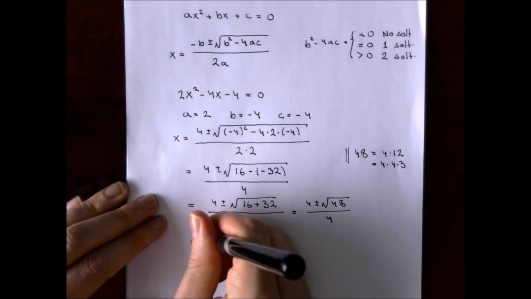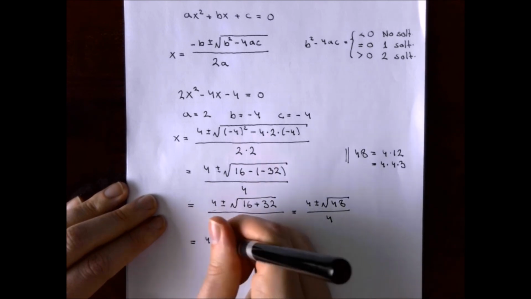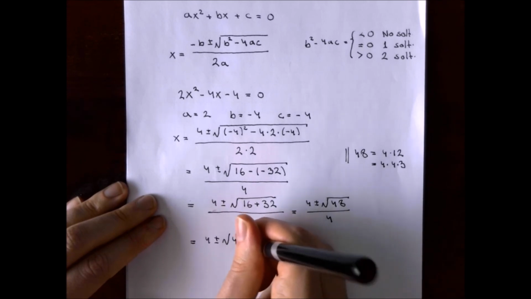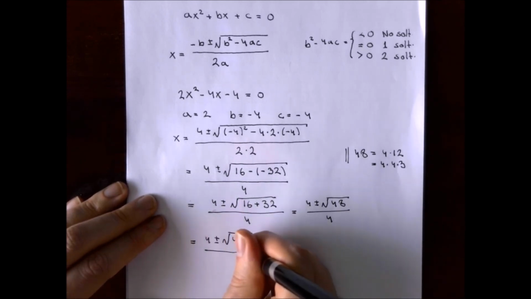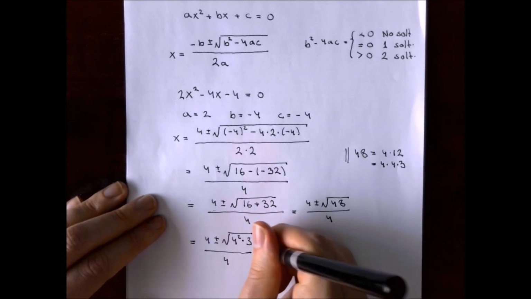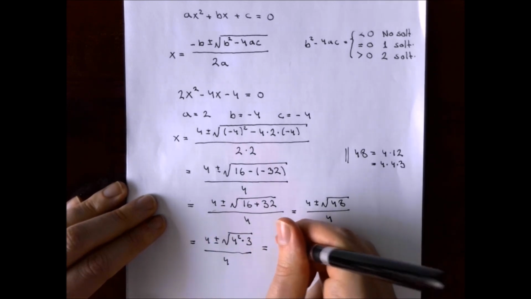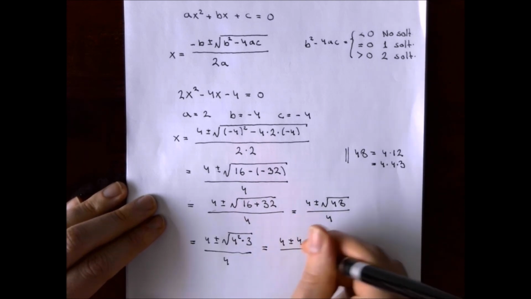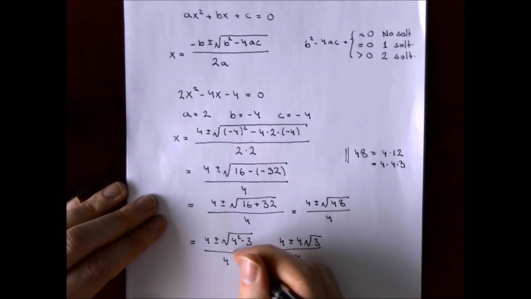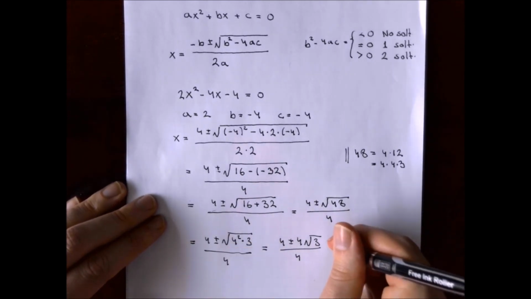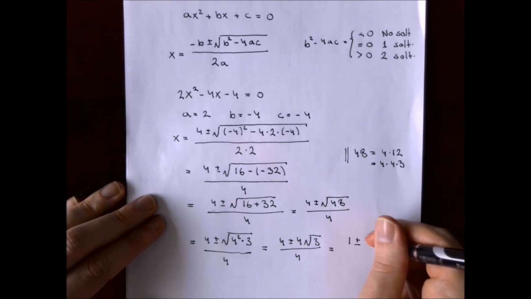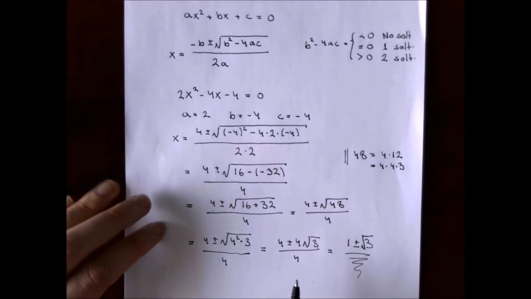So this would be 4 plus minus the square root of 4 squared times 3, divided by 4, or 4 plus minus 4 square root of 3 divided by 4. So here we're taking the 4 squared out of the square root, or in a more simple form, 1 plus minus square root of 3. These are our solutions.